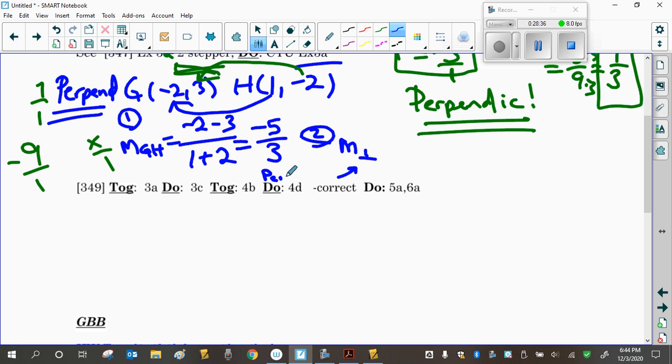That symbol means perpendicular, just a right-angled symbol there. So slope of the perpendicular means that we flip these and we either add a negative sign or subtract a negative sign. So it becomes 3/5, and this one is negative, so this one isn't. If this one is negative, then this one is. One of them has to be negative. Good job.